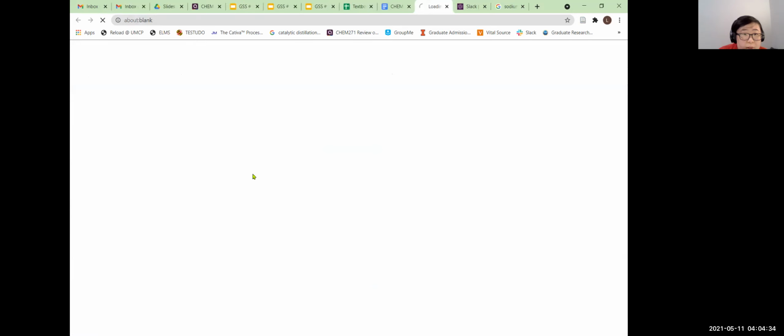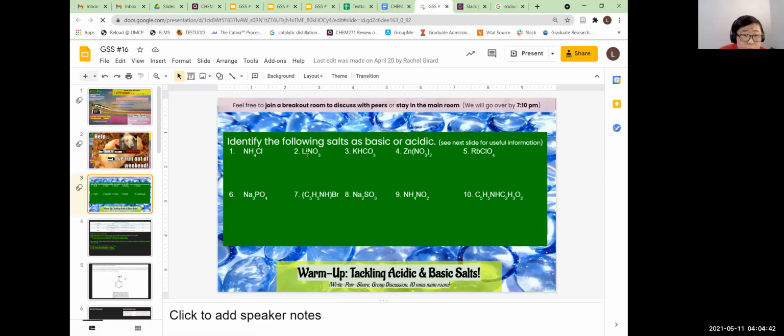So I know on GSS 16, there were some salt problems. It says identify the salts as basic or acidic. To do this, all you need to do is find where its sources are. So this is Cl minus, so it's HCl, that's a strong acid. NH4's conjugate base is NH3, and so that's a weak base, and you know this is acidic.